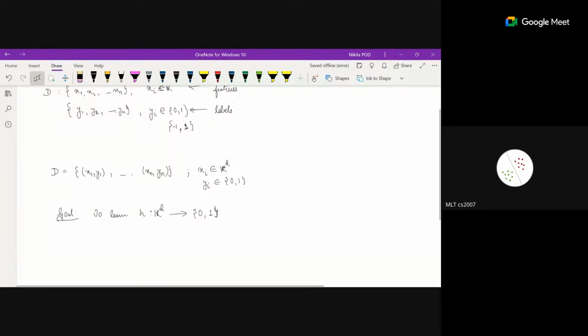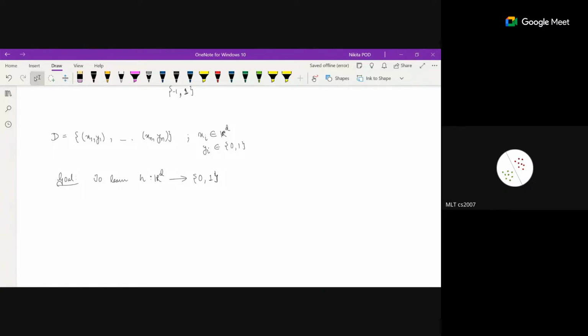Now, similarly, in the classification problem, how do we define the loss? In regression, it was the sum of squared error. In the classification problem, we have the 0-1 loss. The loss of h would be the fraction of data points which are incorrectly classified.